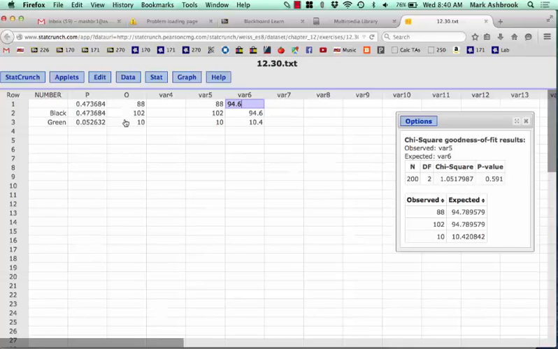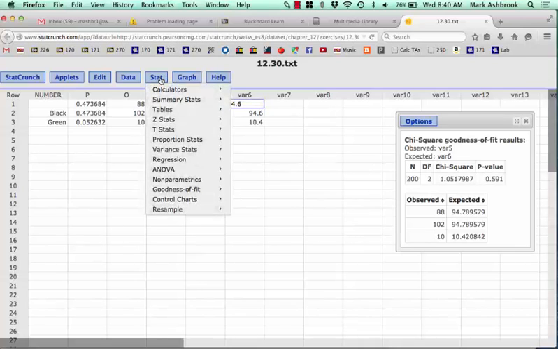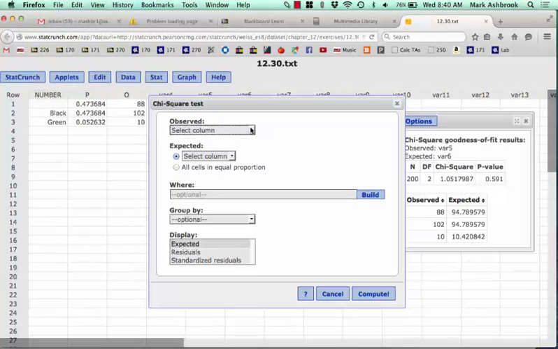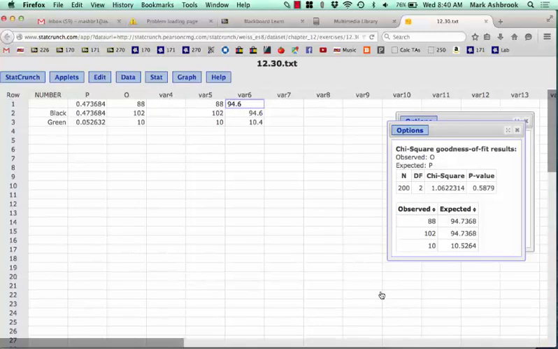Here's the observations. And so we want to go to goodness of fit, chi-square test. Observed is the O, and then the P column. And now here we go, compute. So chi-square is 1.06.